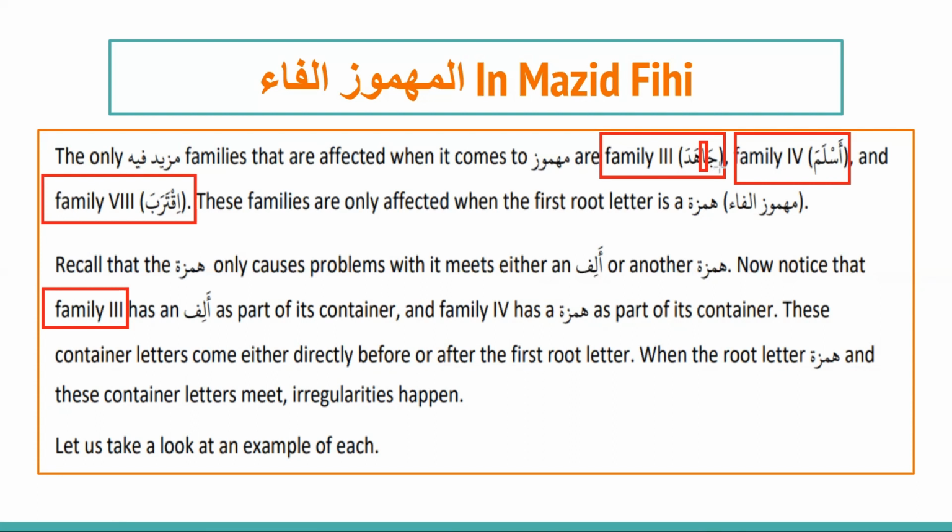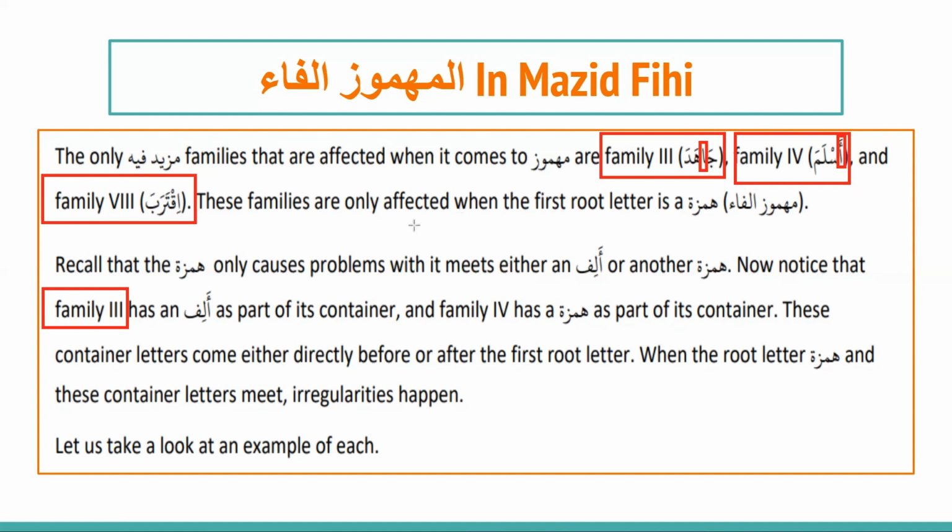So just after hamza, which is fa kalma, we have an alif. And in the aslama family, the fourth family, we have an extra hamza in the very beginning, even before fa kalma, which is from the pattern of the family. So that's why we need to make changes.